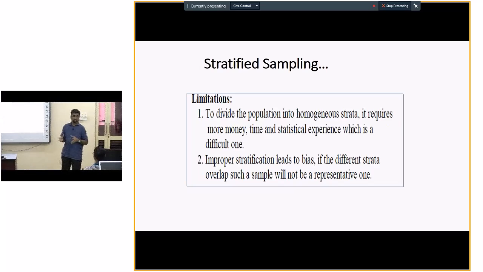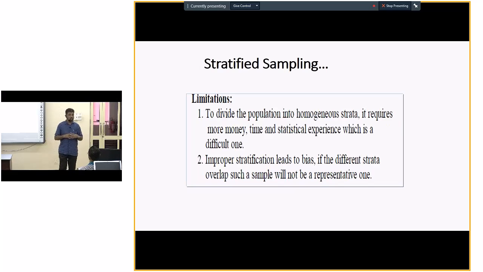We don't have strata, right? But if it is heterogeneous, then we can see some differences among the members of the sample or population. Then we have to apply stratified random sampling.